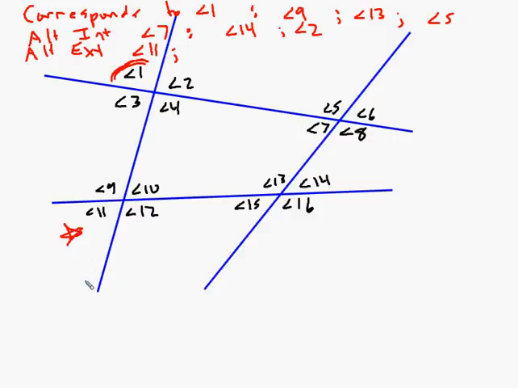Okay, so I'm definitely talking about this line, and I'm definitely talking about this line. Angle 2 is alternate exterior. There's another one. 10? How could 10 be, it's vertical. 10 is vertical to 11. Angle 14. Angle 14 is alternate exterior.